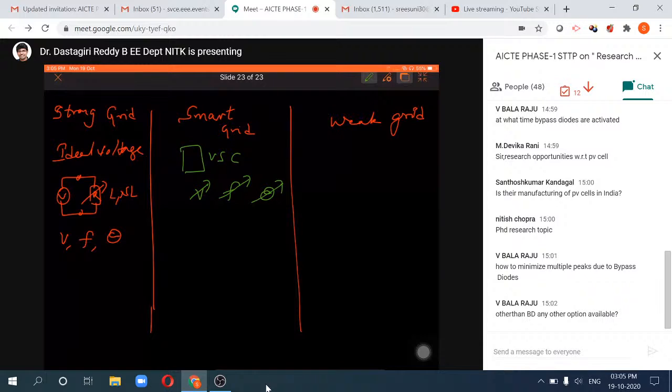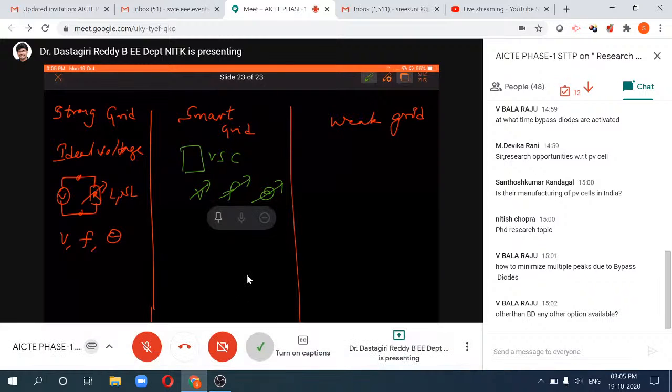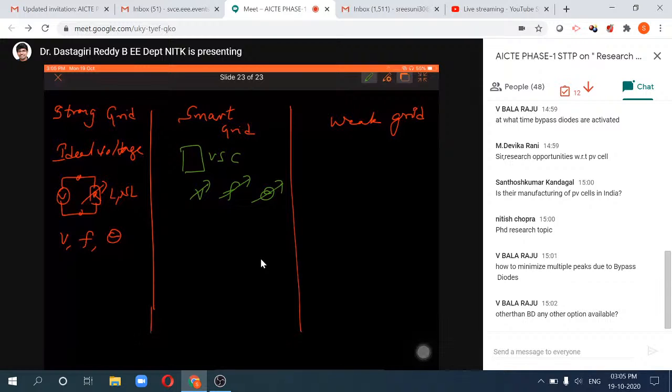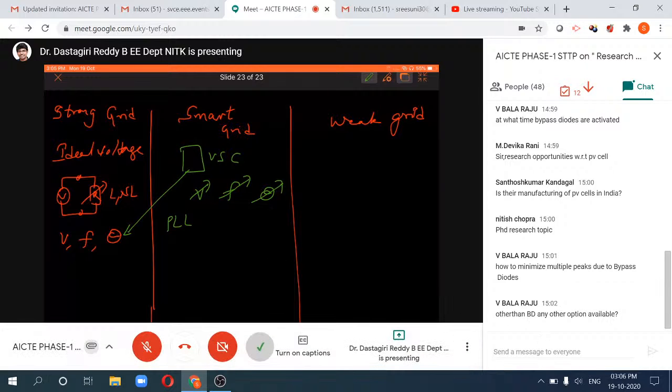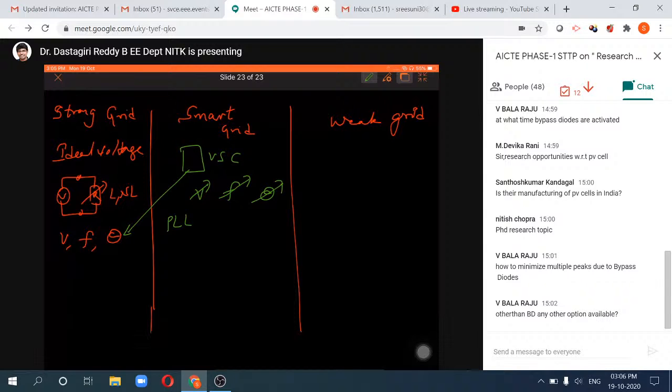With proper control, you can ask this VSC to follow the reference. Using a PLL, you get the voltage, frequency, and theta reference, and you can ask the VSC to follow it because it is capable of varying its voltage, frequency, and theta.